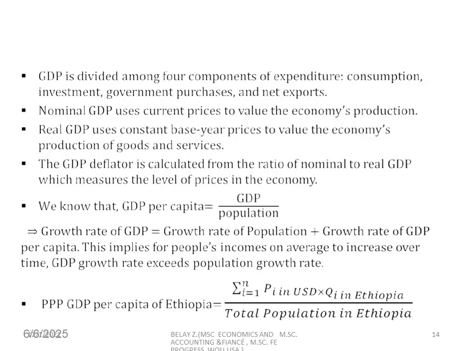Real GDP uses constant base year prices to value the economy's production of goods and services. As we have discussed in the previous chapter 1 or video 1, real GDP is calculated by using base year prices, a year that we select as a base year.